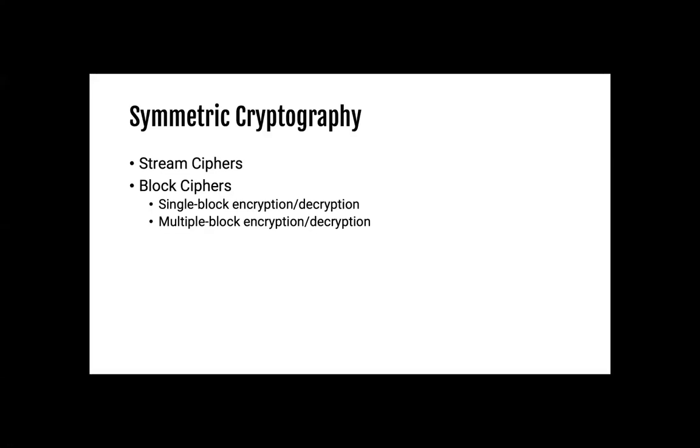So remember that for stream ciphers we're just going to talk about that, but for block ciphers, we need to talk about two things. One is for each block, how we deal with it, and the second is for multiple blocks, how we handle it.